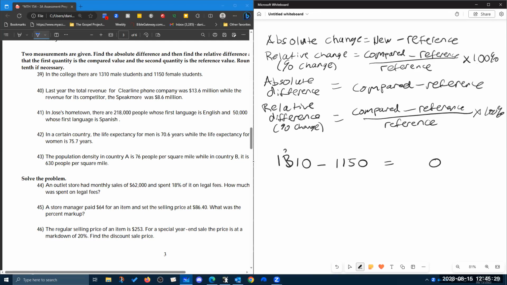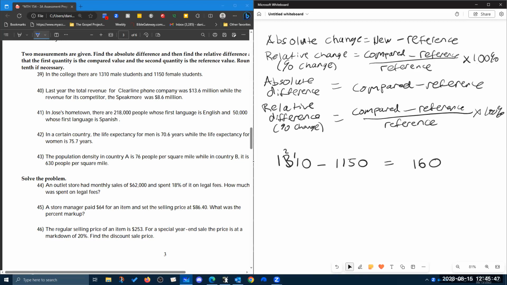We're going to have to borrow here. 11 minus 5 is 6. 2 minus 1 is 1. 1 minus 1 is 0. So there's an absolute difference of 160 more male students than female students.